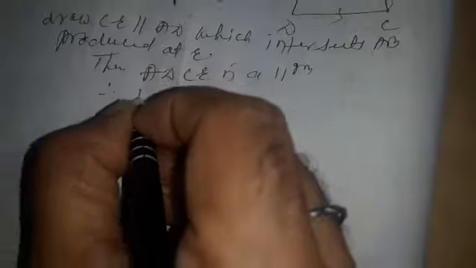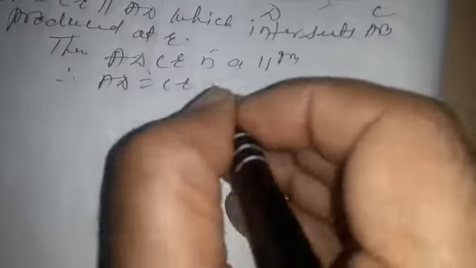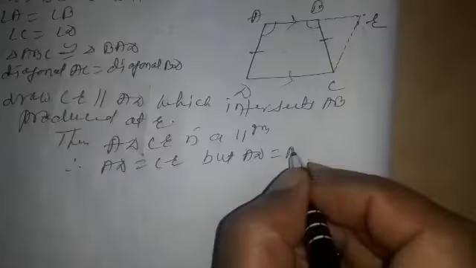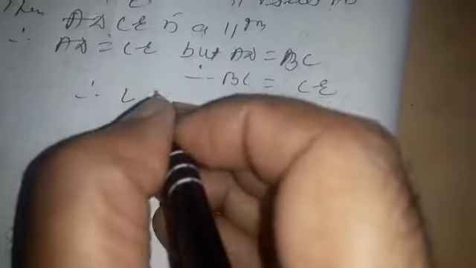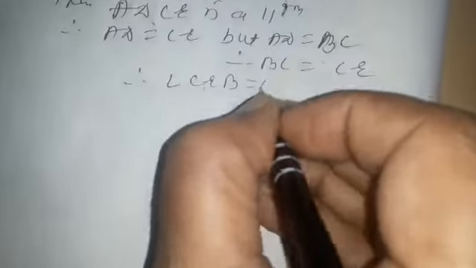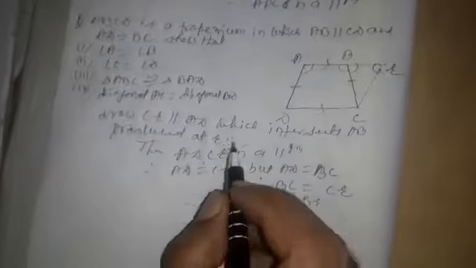Therefore AD is equal to CE, but AD is equal to BC. Therefore BC is equal to CE. Therefore angle CEB is equal to angle CBE. These two angles are equal.